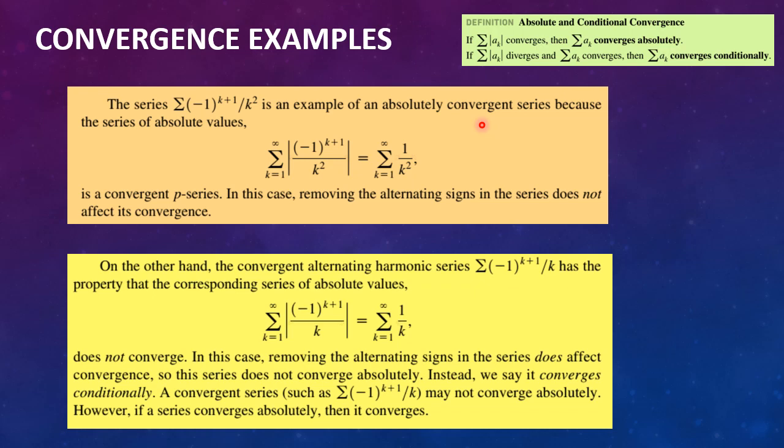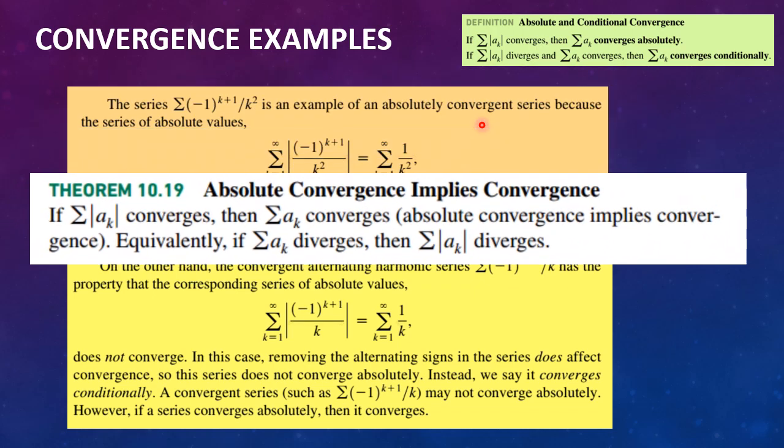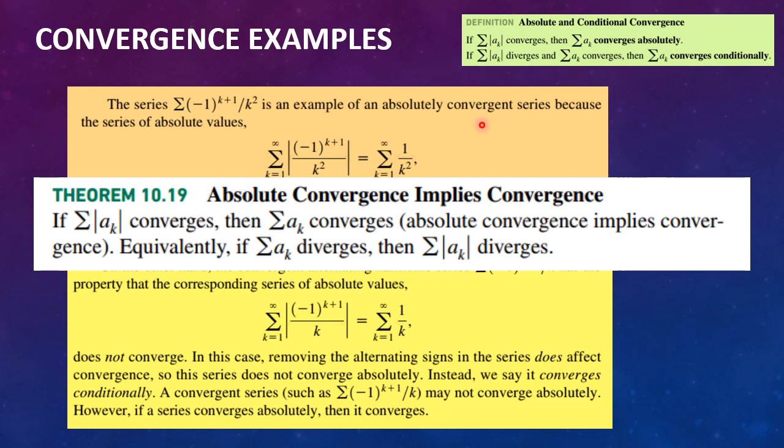So this series does not converge absolutely. Instead, we say it converges conditionally. A convergent series such as the alternating harmonic series may not converge absolutely. However, if a series converges absolutely, then it converges.